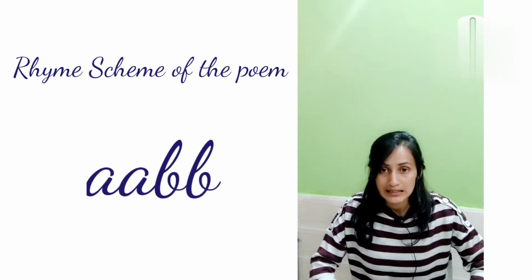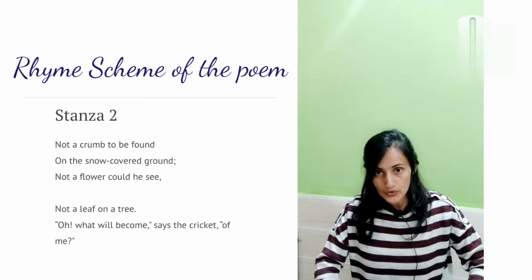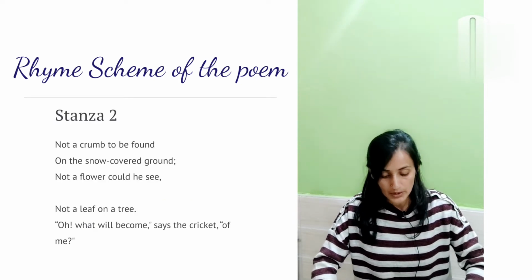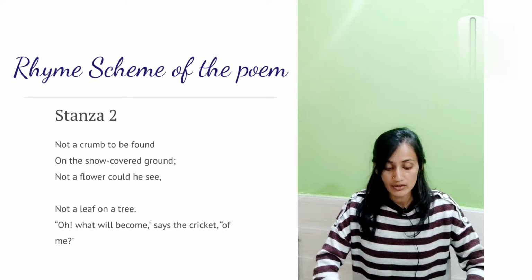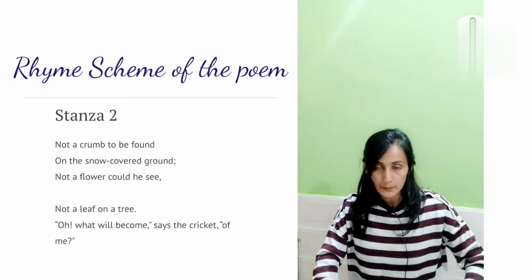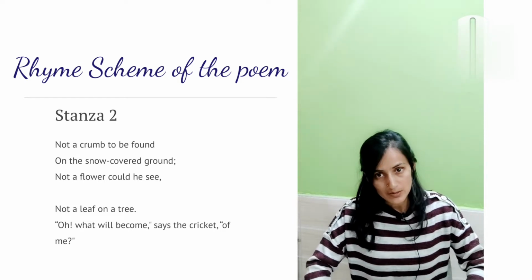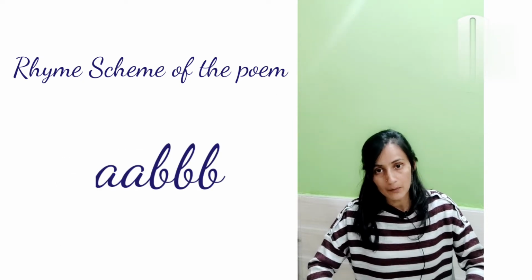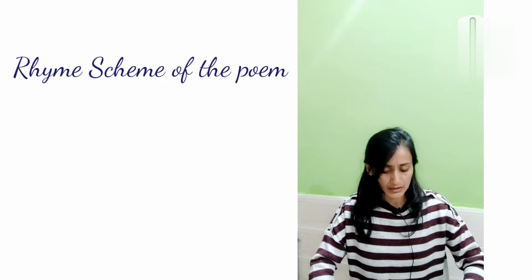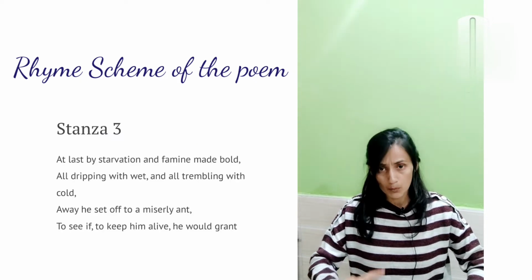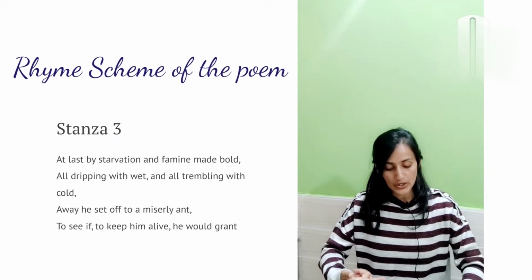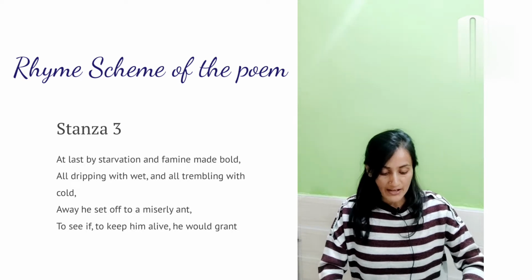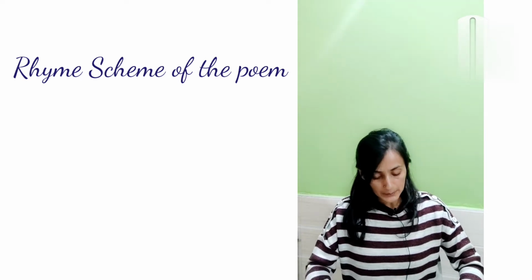In the same way, in the second stanza, found, ground, similar sound, a, and see, tree, me, similar sound, that's b. So the rhyme scheme of the second stanza is a, b. In the third stanza, we see bold, cold, similar sound, a, then ant, grant, then b.